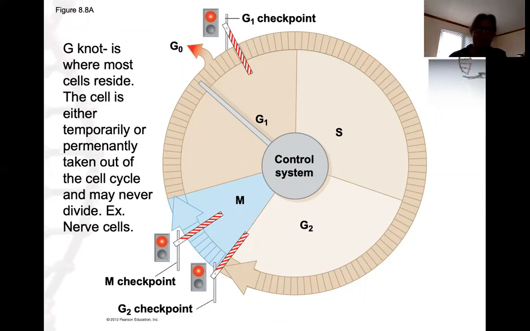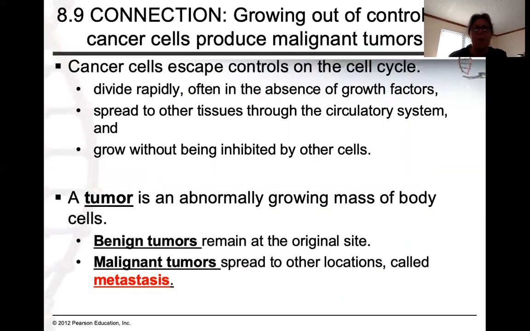If we do get the green light, we'll go into mitosis. Notice a little check here towards the end of mitosis. If things are not dividing properly, again, we can undergo apoptosis there. So these are all different mechanisms that the cell will use to prevent things from going bad. They either fix the problem or self-destruct.